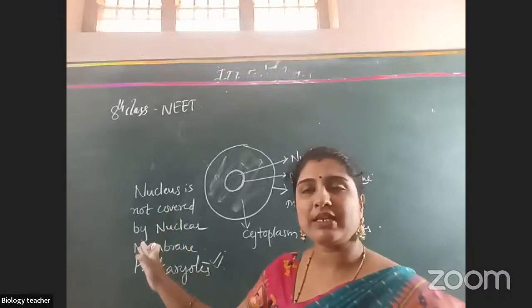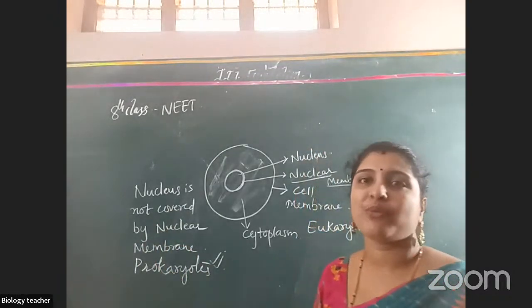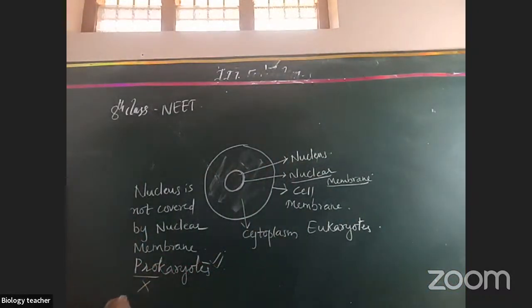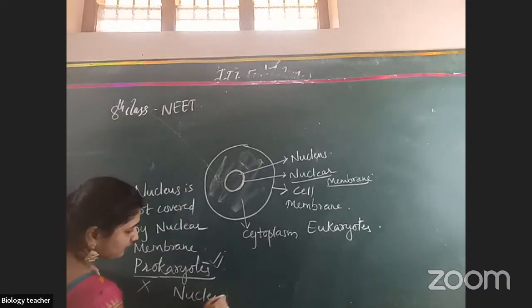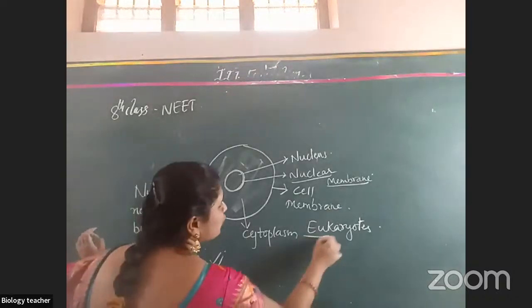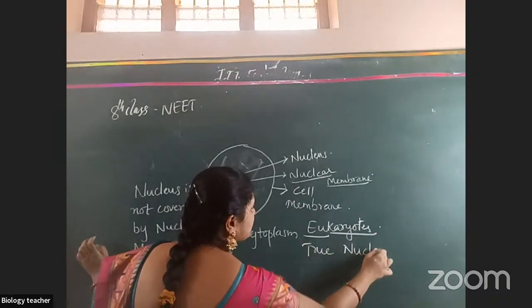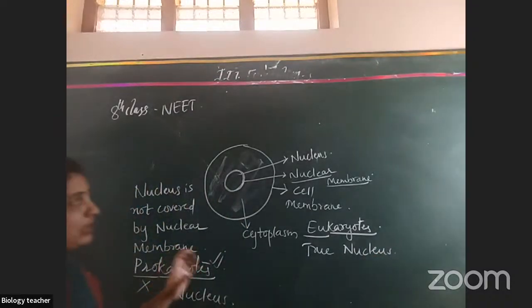If the nuclear membrane is absent around the nucleus, prokaryotes. Pro means before or absent, karyote means nucleus. Eu means true, karyote means nucleus. Okay, please write down.